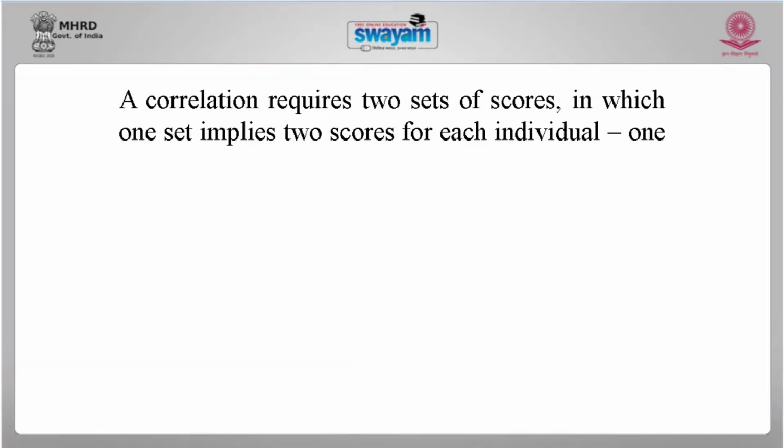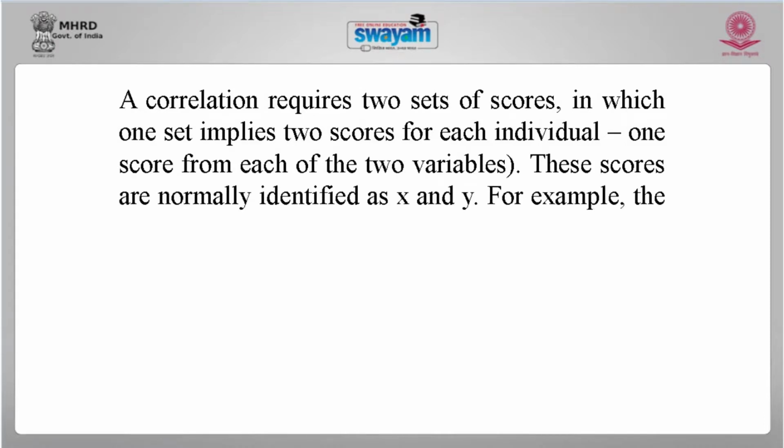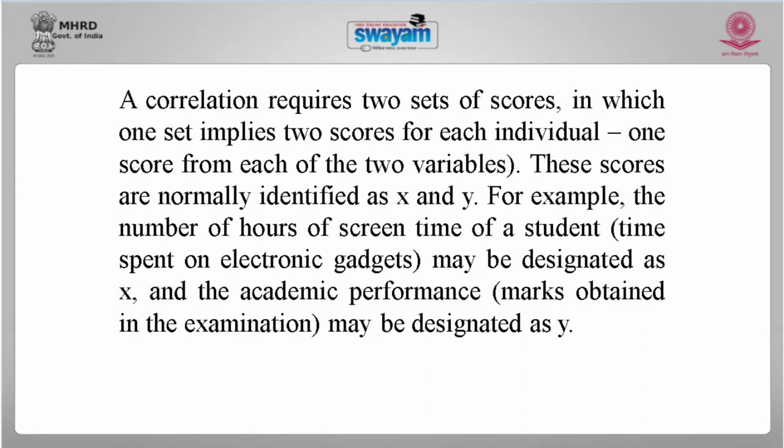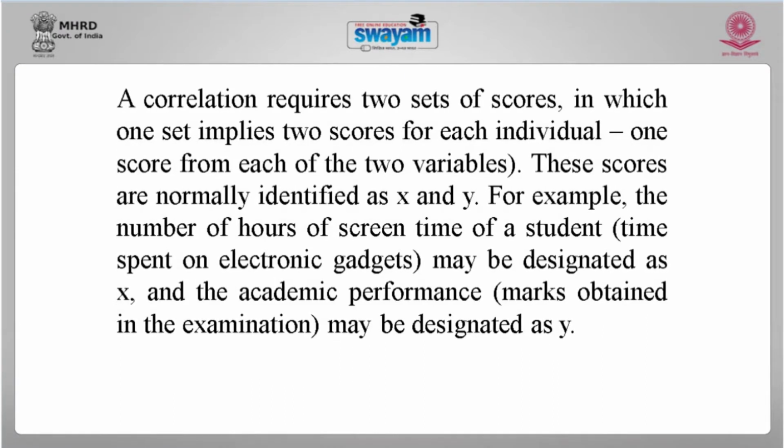Now let us describe correlation. A correlation requires two sets of scores, in which one set implies two scores for each individual, one score from each of the two variables.